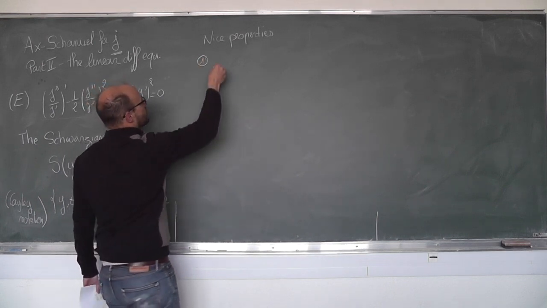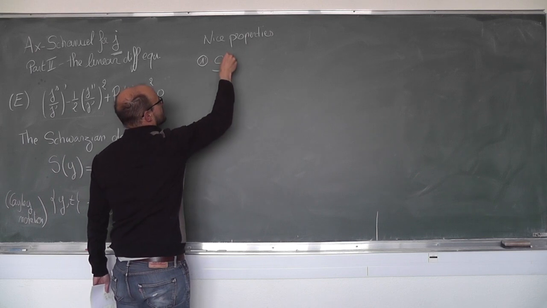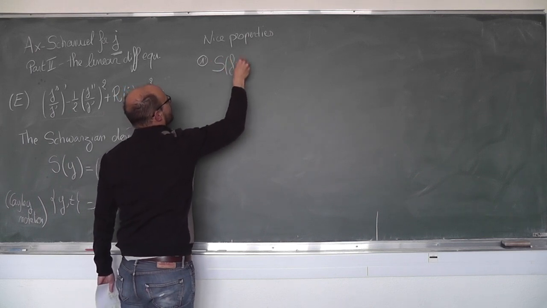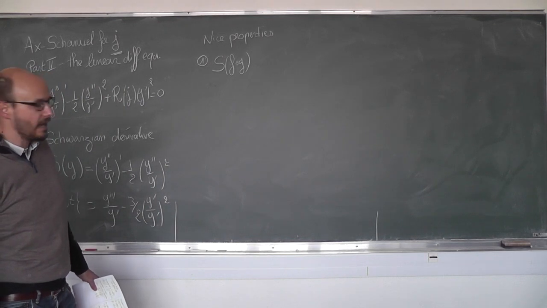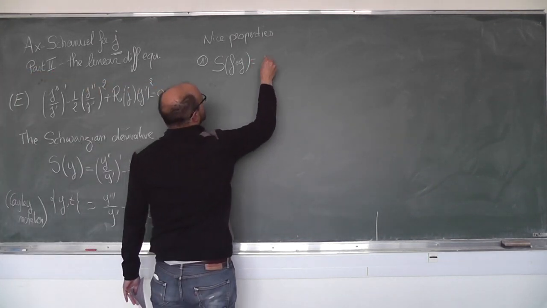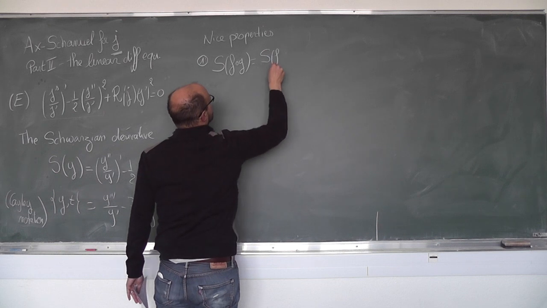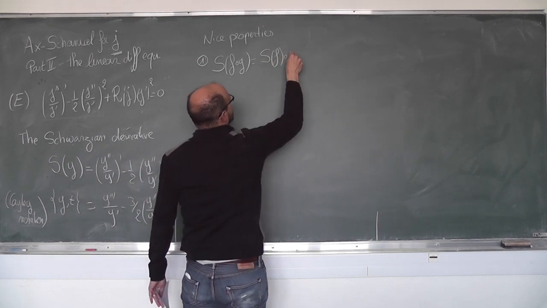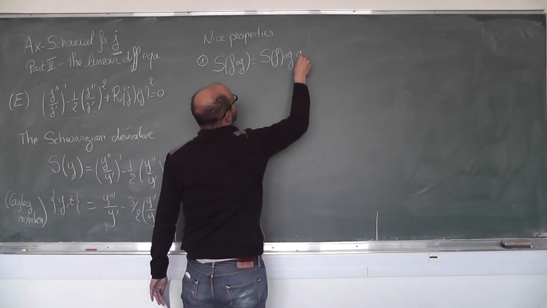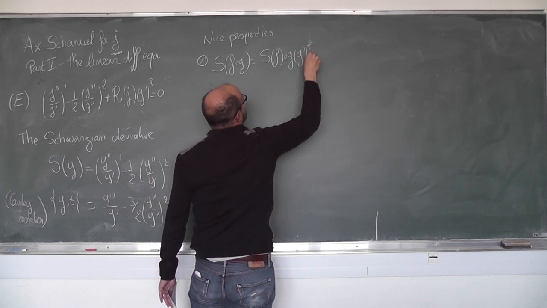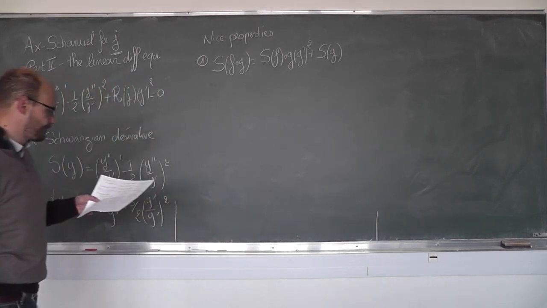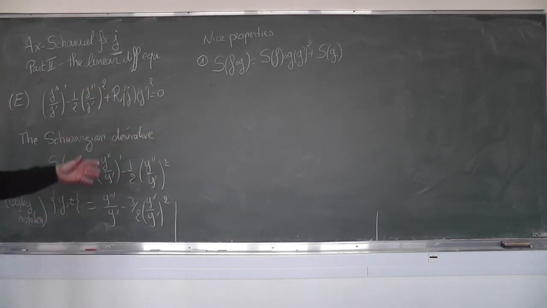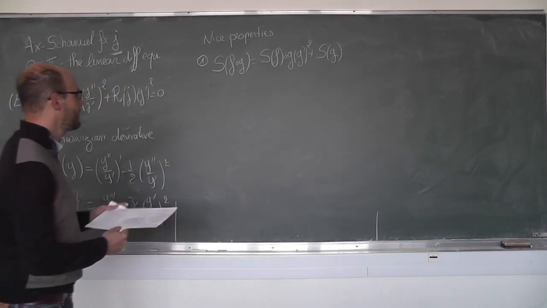So if you compute the Schwarzian derivative of a composition of functions, then you get the Schwarzian of f evaluated in g times the derivative of g squared plus the Schwarzian of g. You can prove this directly by computing that.